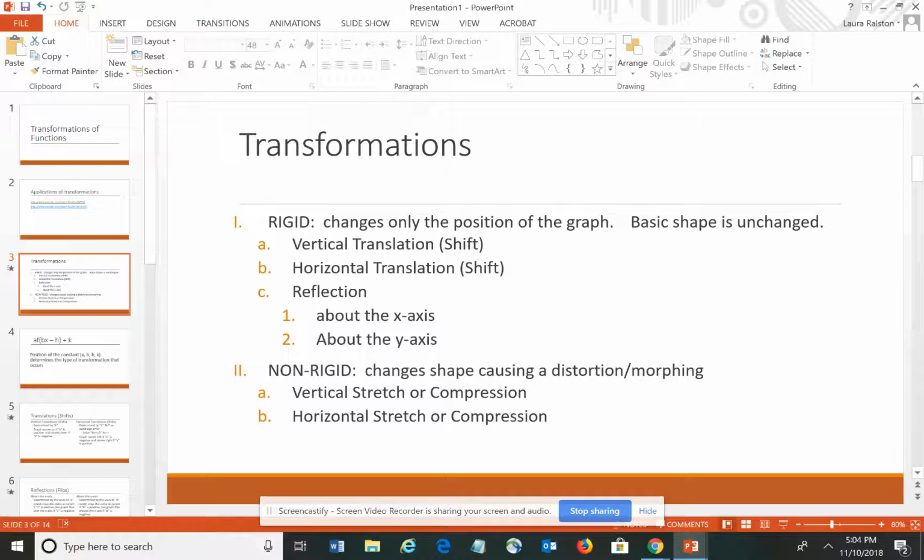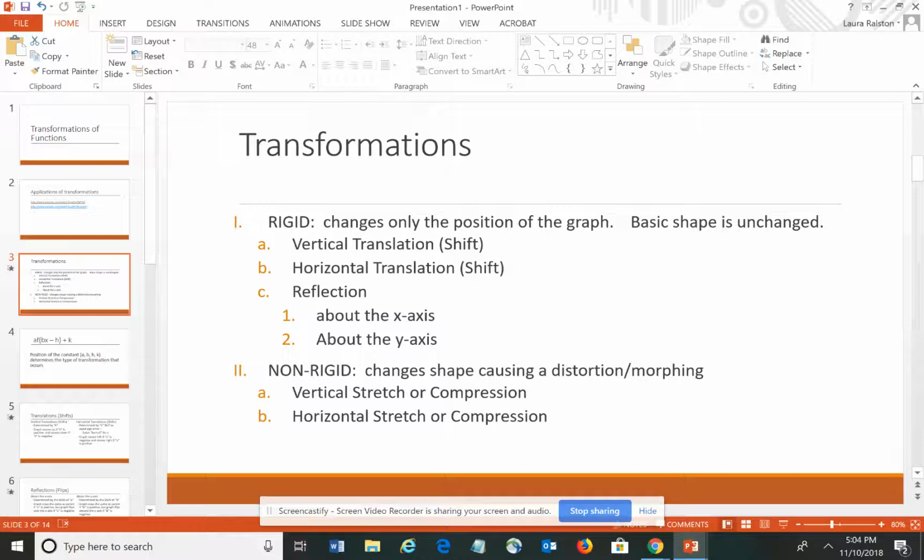And in total, there are 6 different things that can occur to a graph. The first set of transformations we call rigid transformations. In a rigid transformation, the position or location of the graph changes, but its basic shape remains unchanged.